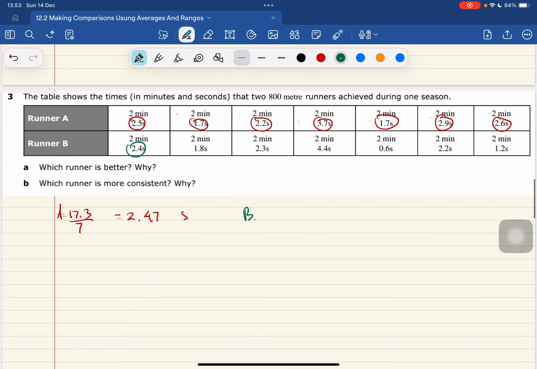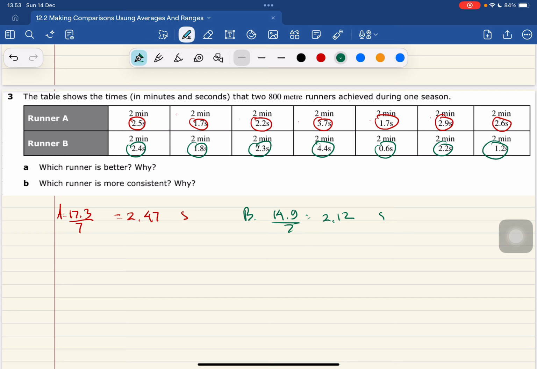Let's find the mean for B. We got 2.4, 1.8, 2.3 plus 4.4, 0.6, 2.2, and the last plus 1.2. This is 14.9. We divide by 7, which equals 2.12 seconds.